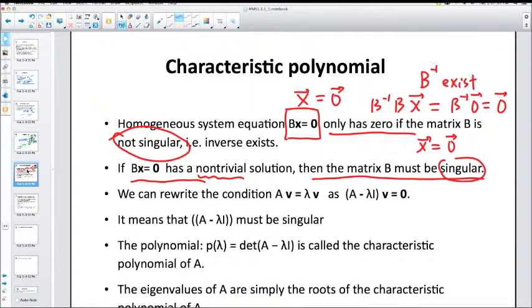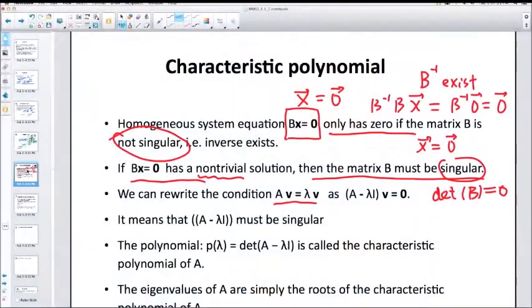If you want it to be singular, that means the determinant of B must be 0. That's so simple. We already said nobody has interest in the zero solutions because it's obvious. That's why we call it the trivial solution. The goal is to find the non-trivial solution to the homogeneous equation. Keep that in mind.